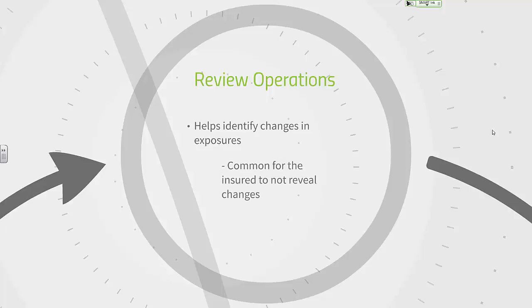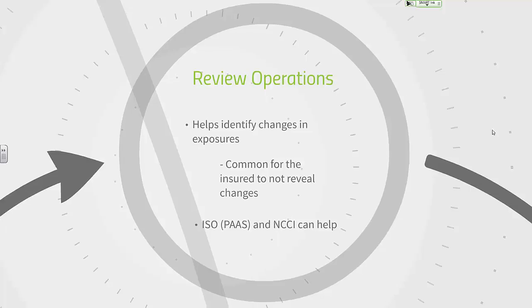It's actually quite common for the insured not to reveal changes, not necessarily on purpose, either because of not knowing that this is necessary or simply not having time. The Insurance Services Office, PAAS, or Premium Audit Advisory Service, and the NCCI, National Council on Compensation Insurance, can help insurers in working with their insureds to identify changes in exposures.